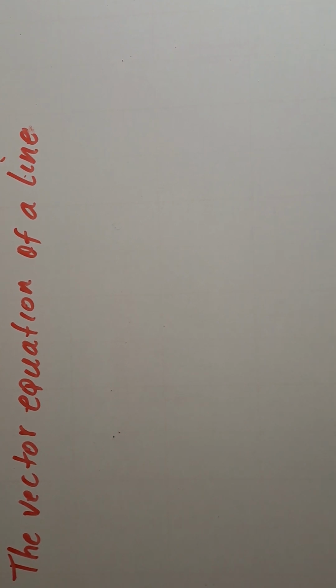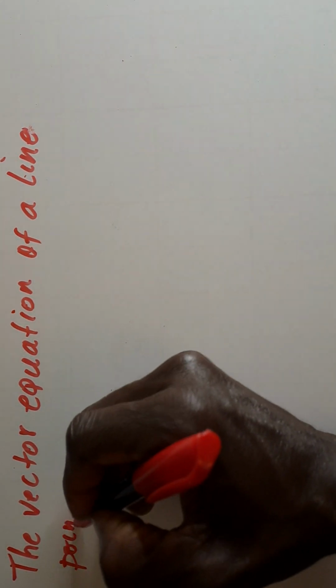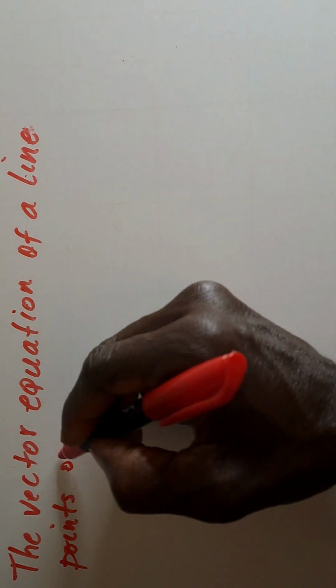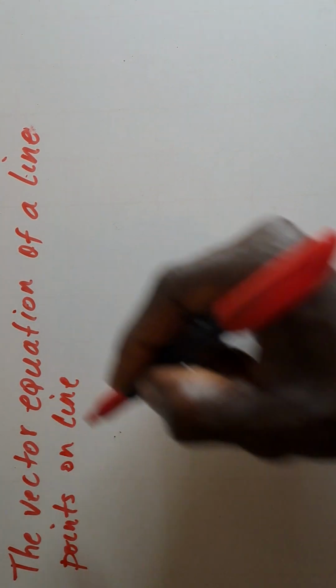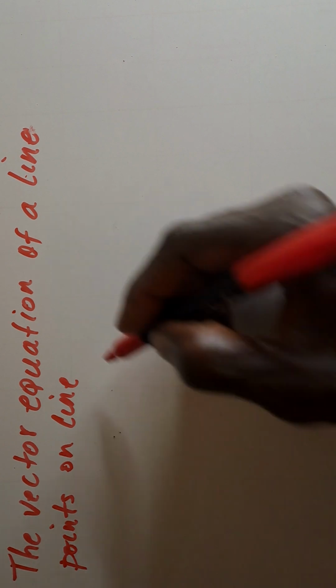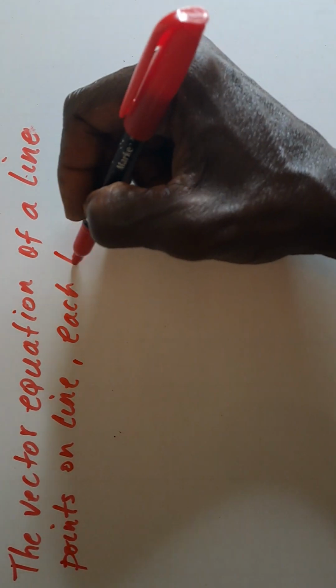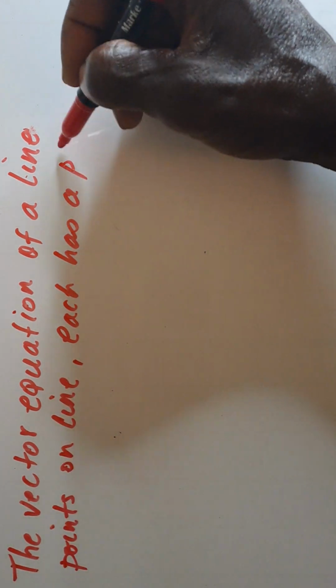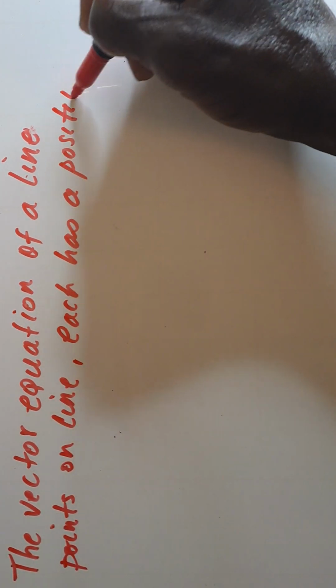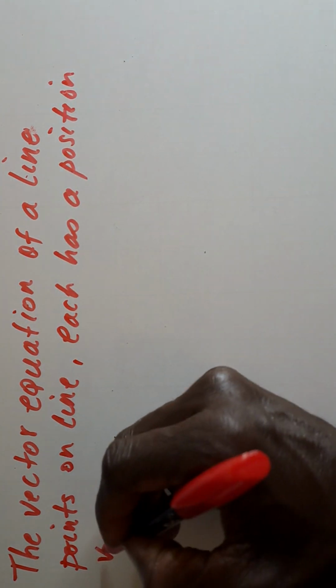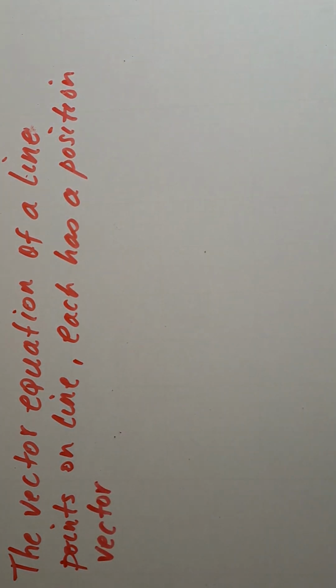Hi there. The vector equation of a line. Now, points on a line, each will have a position vector. And that position vector is relative to the origin.